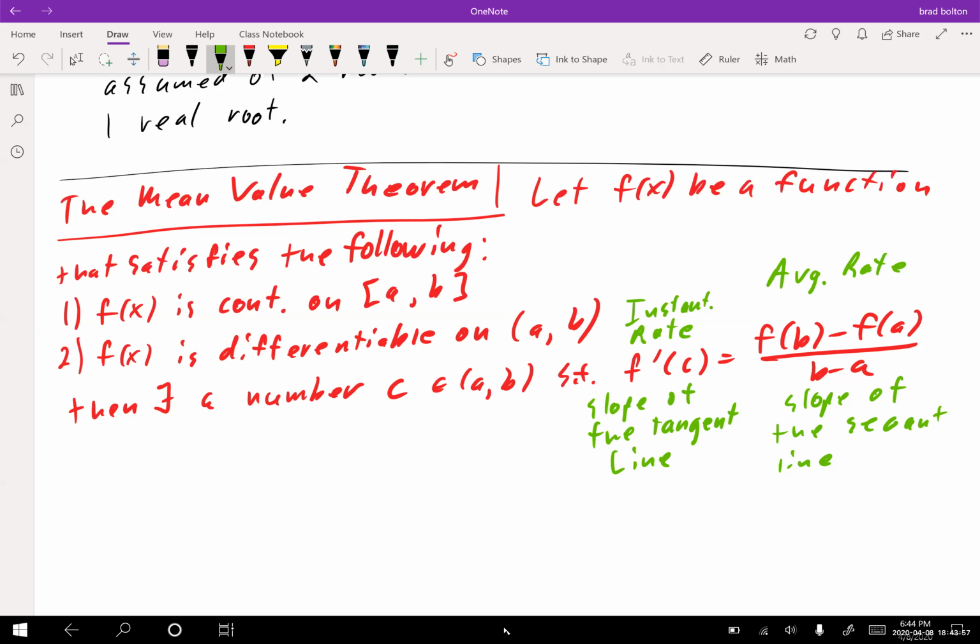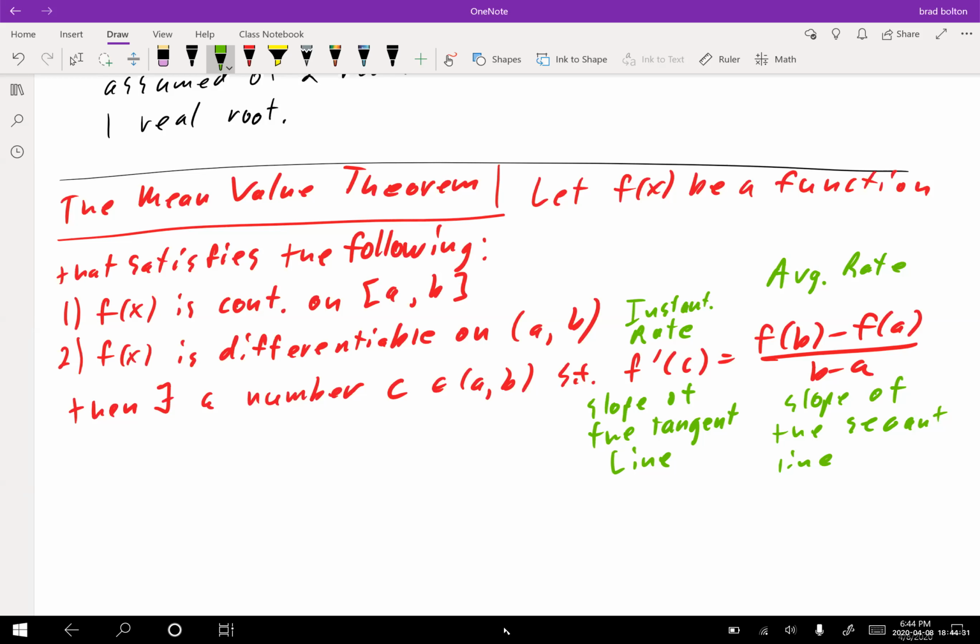One way it was explained to me when I was younger is, suppose you're driving to LA, and I tell you that you drove from here to LA and your average speed was 75 miles per hour. So your average rate of change was 75. At some point, if you average 75 miles per hour, did you have to have a point where your instantaneous rate of change was also 75?